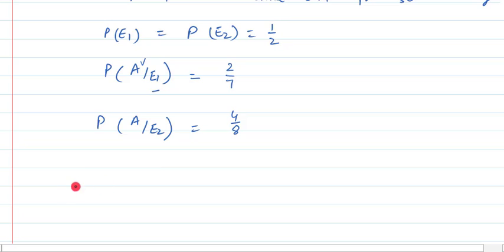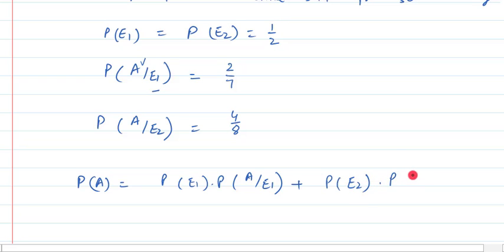Now we need to find out P(A), meaning the selection of a white ball. So it is clearly P(E1) into P(A/E1) plus P(E2) into P(A/E2). You know this thing, that this is what?